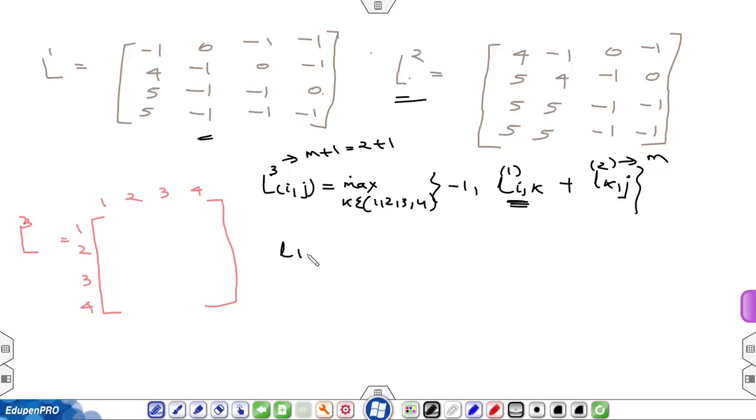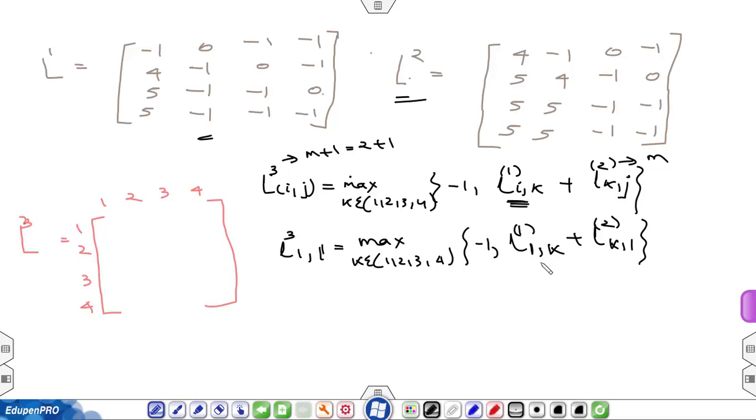I will calculate a few elements. So calculating L of 1 comma 1 for matrix 3, this will be maximum of minus 1, L of 1 comma k of matrix 1 plus L of k comma 1 of matrix 2.